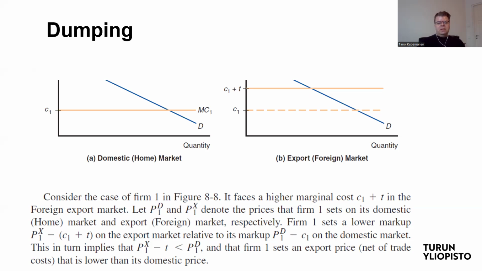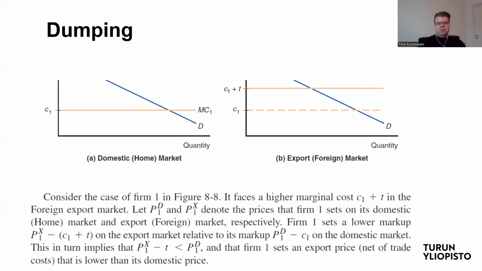And interestingly, if we now consider this firm that does find it profitable to engage in exporting, it can be the case that the firm will set a lower price for this export market than it sets for the domestic market, because in the export market, of course, it has to compete with the local firms who do not have these transport or trade costs.